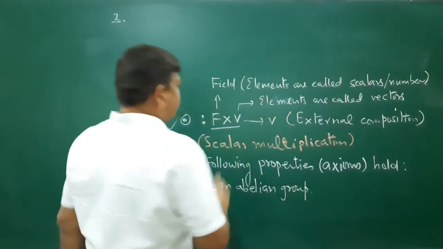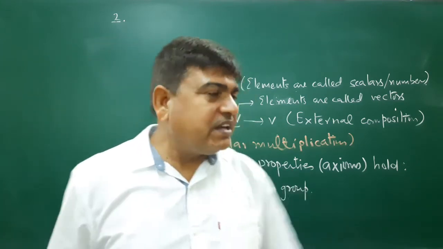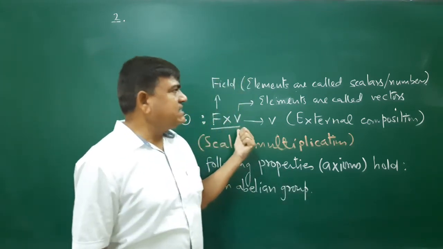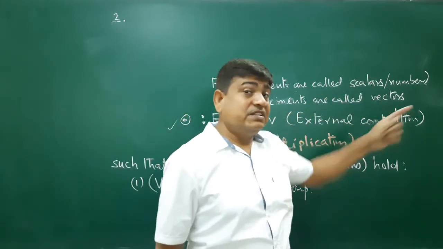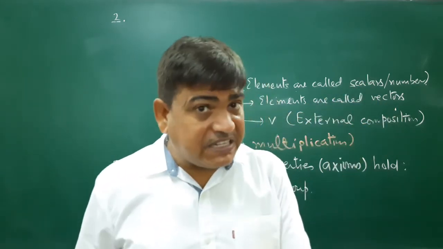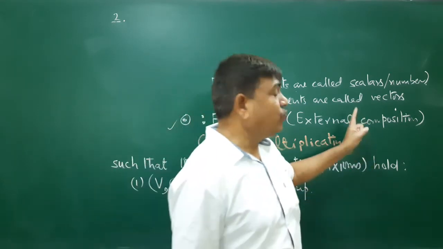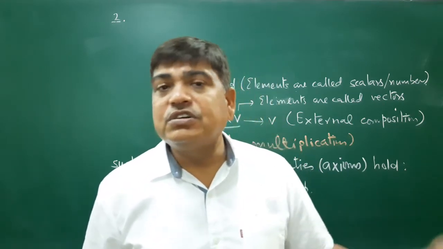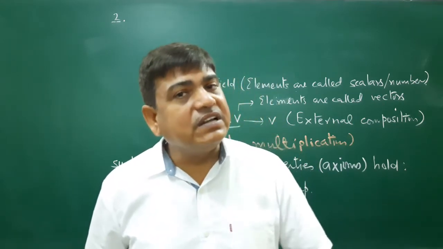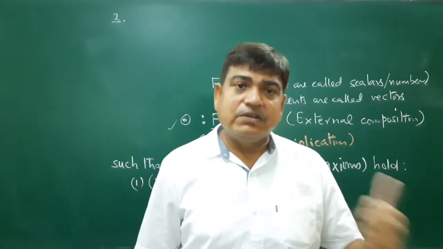This is F cross V. So a pair is formed. In that pair, the first component, first member, is a number and the second member is a vector. Vector means an element of the set V. Again I am telling you, vector does not mean the vector quantity. Here it may be a matrix or it may be any other element also.